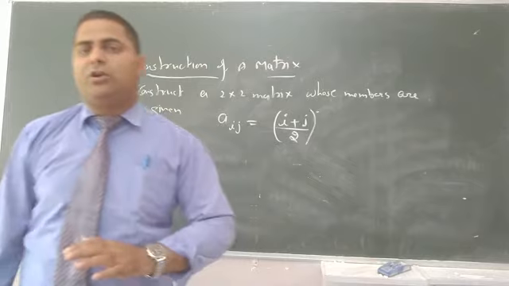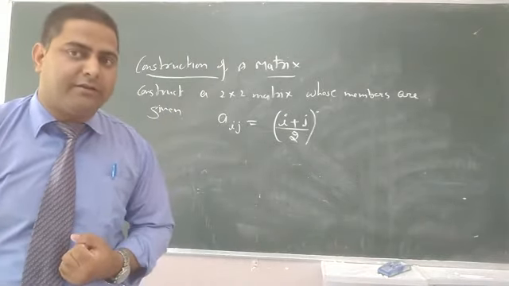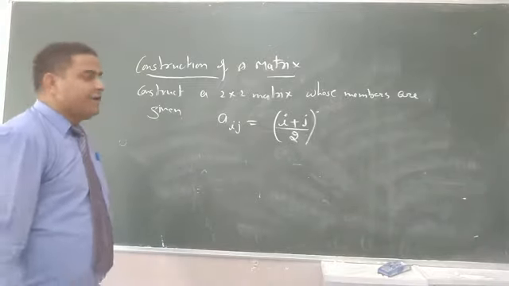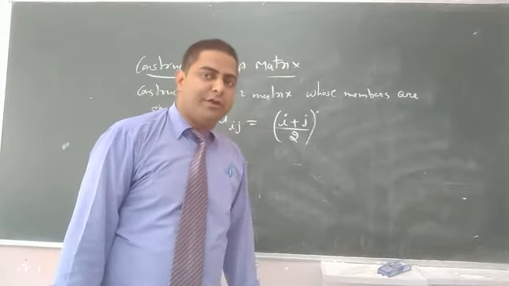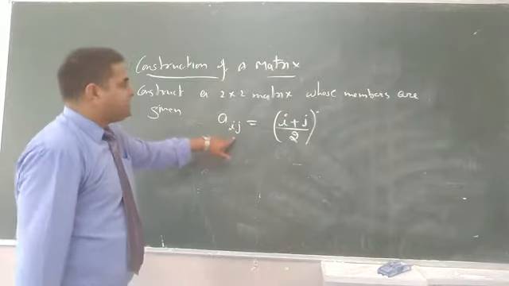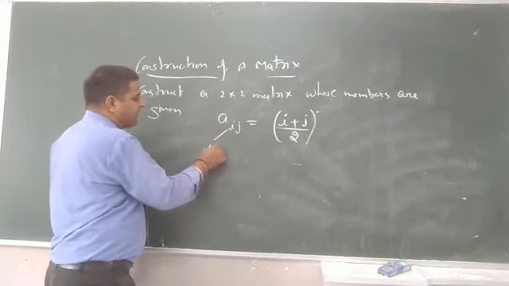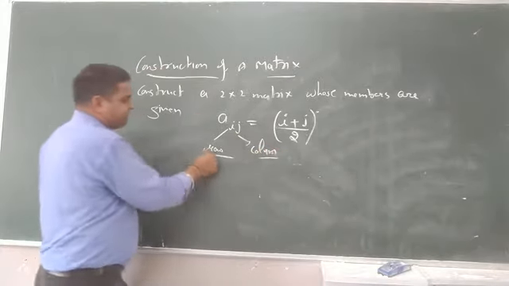And what should be the order of the matrix? 2 into 2. So how many members do we have to write? 2 into 2 means 4. It means we have to construct a matrix in which the total members are 4 and the order is 2 into 2. 2 rows and 2 columns. Aij, the rule is given. i represents row and j represents column.